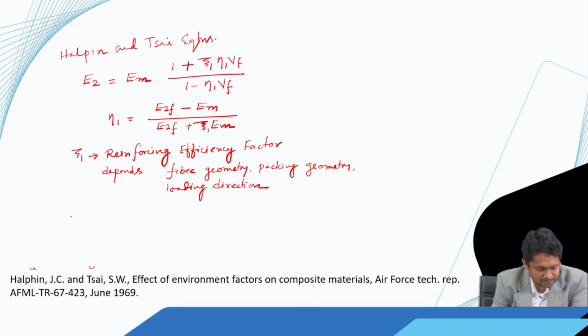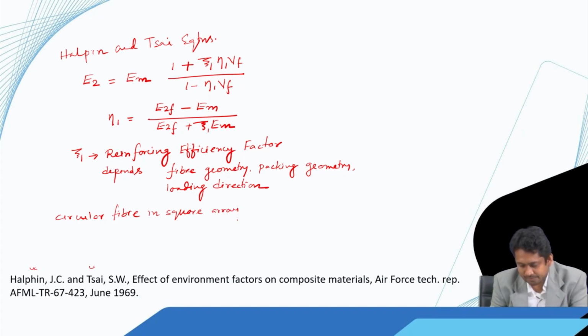So, for example, the fibers which are circular in cross section, for example, circular fiber in square array.